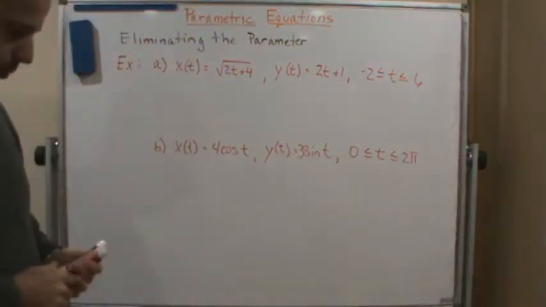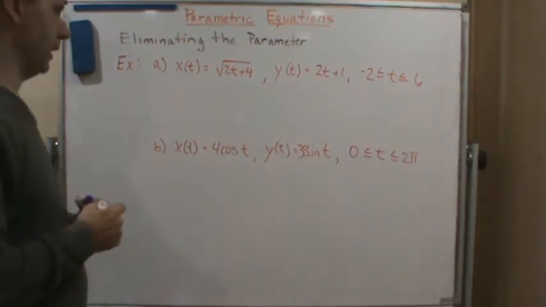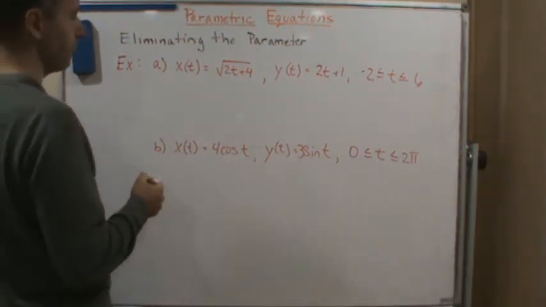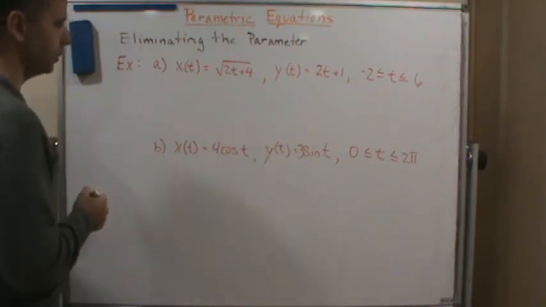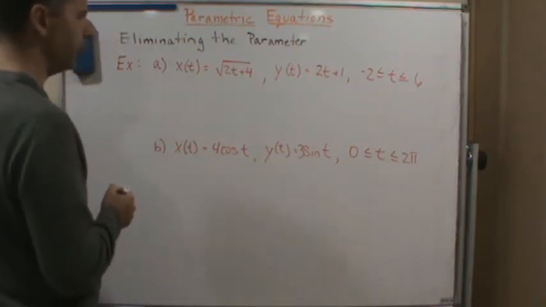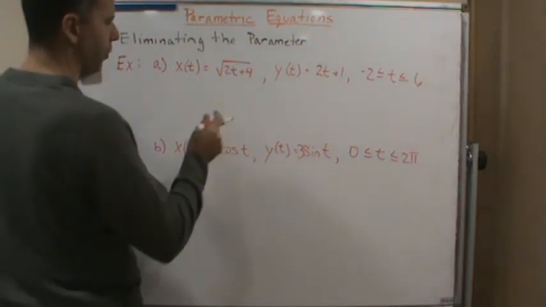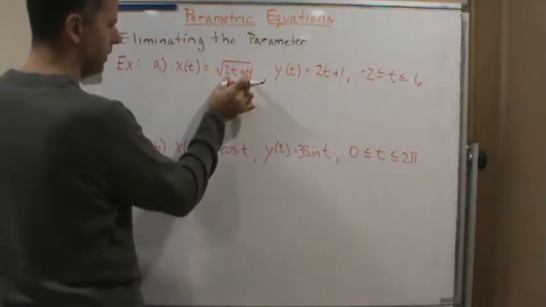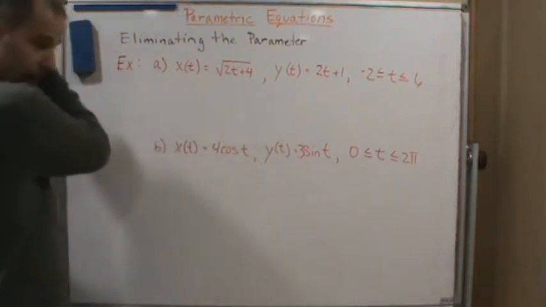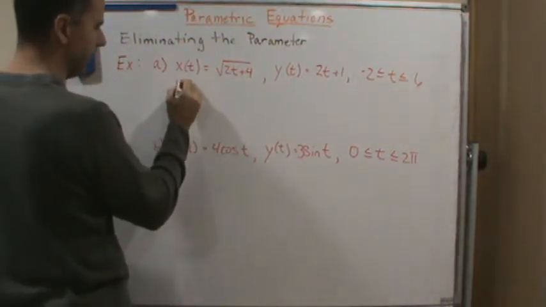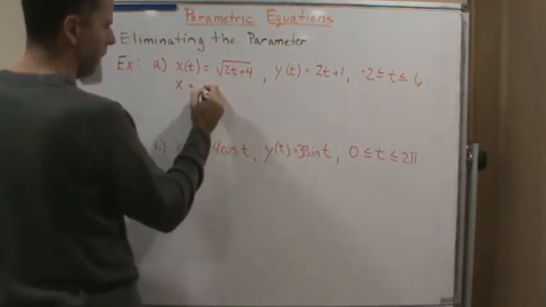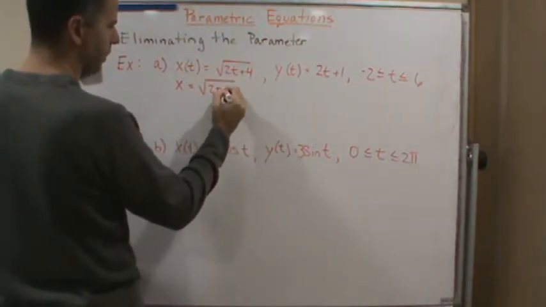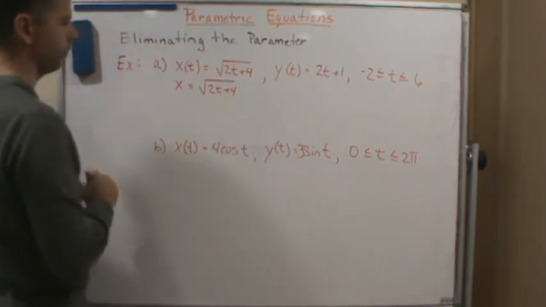Okay, so what we're going to do is eliminate the parameter, and we'll get this in terms of x and y. So I'm going to eliminate t, so I'm going to solve for t in this one. So I'm going to square both sides. So again, this is x equals the square root of 2t plus 4.